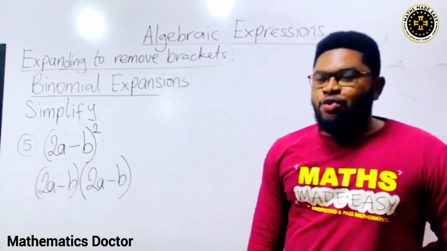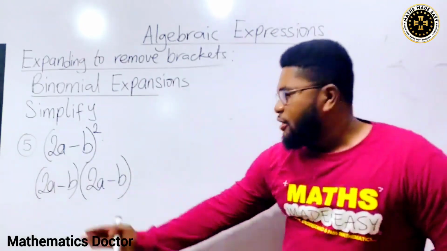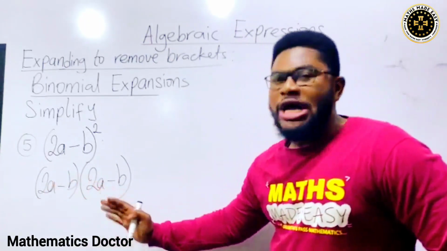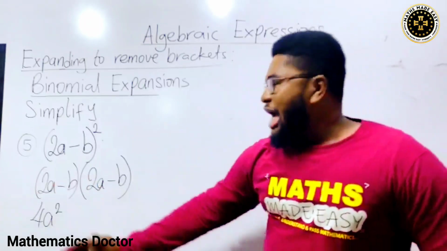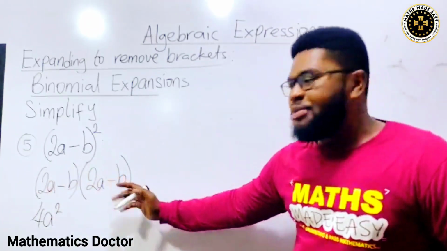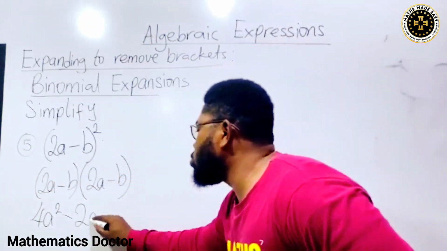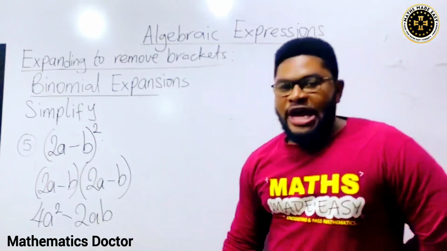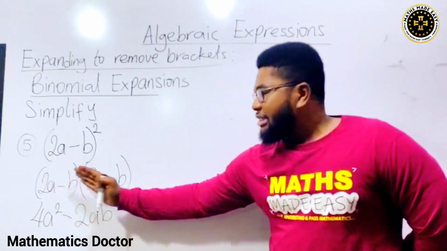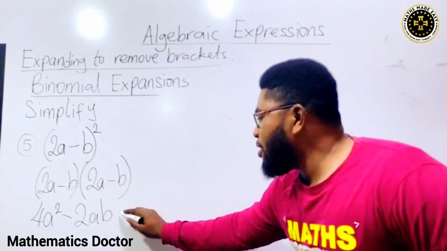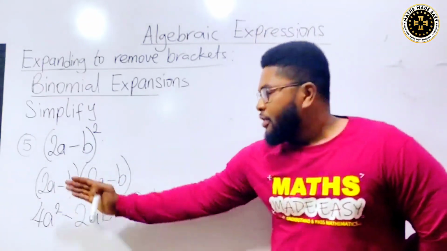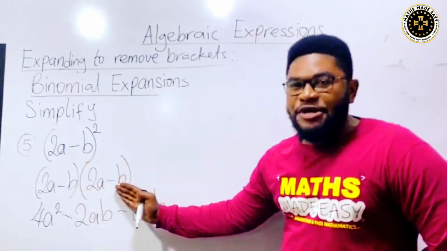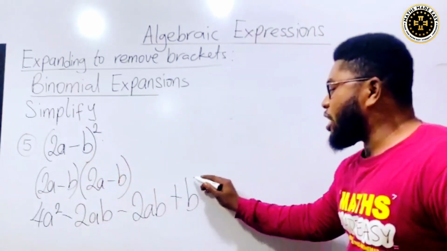Good. Then with this, we expand with the first method. So 2a times 2a will give me 4a squared. Then I have 2a times minus b, giving me minus 2ab. Then minus b times 2a will give me minus 2ab. And finally, minus b times minus b will give me positive b squared.